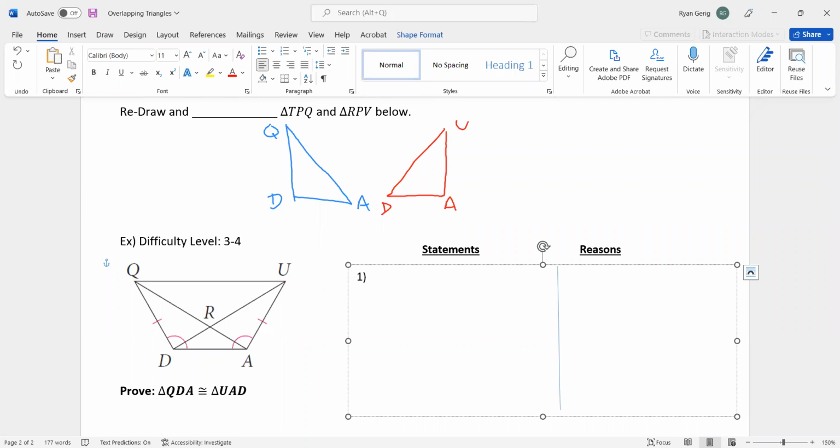First step, I'm going to say QD is congruent to UA. Okay. So let's go ahead and mark that. QD is congruent to UA. Right. Continue. How do I know that?